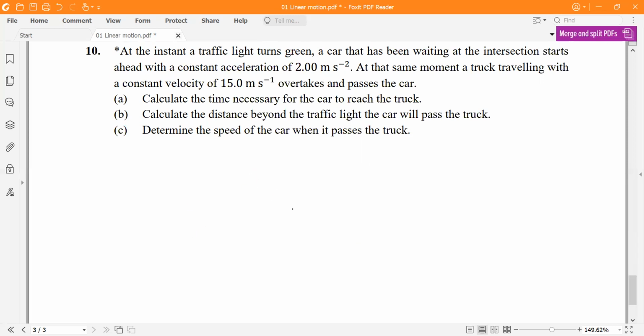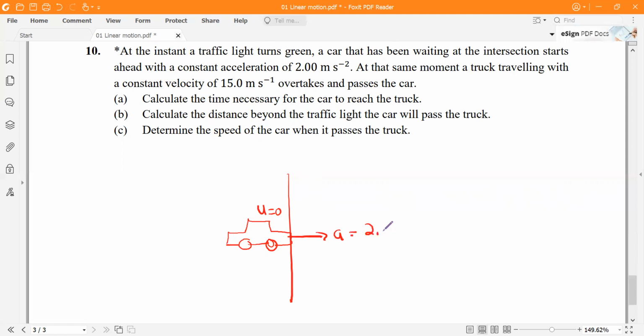So I draw a line, I have a car here. It starts from initial velocity 0, with an acceleration of 2.00 meters per second squared.